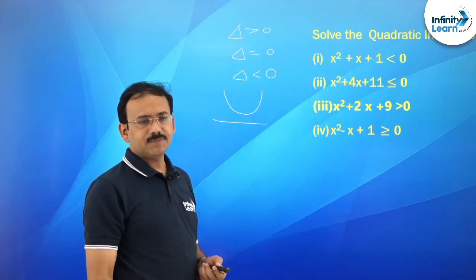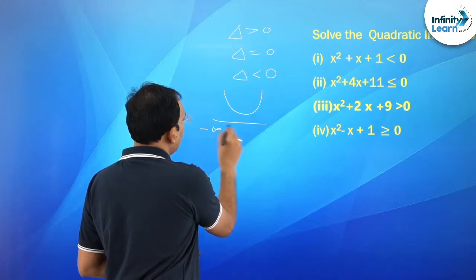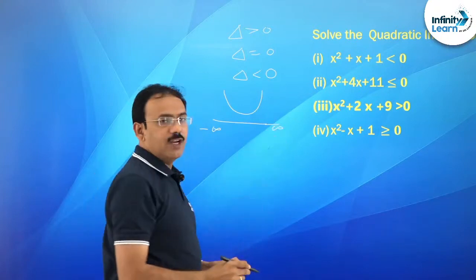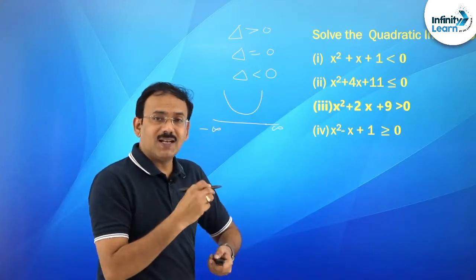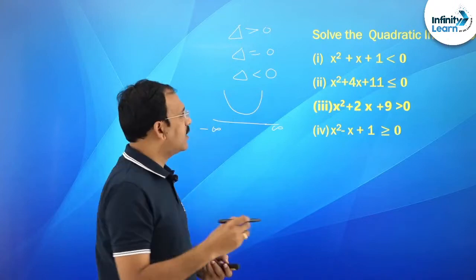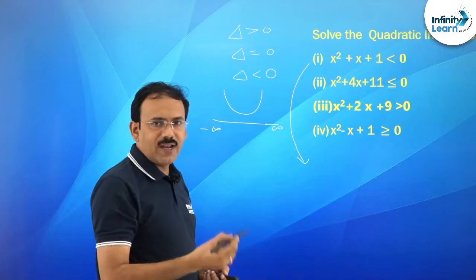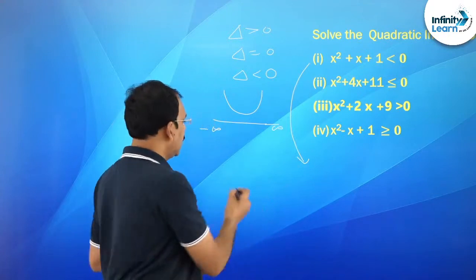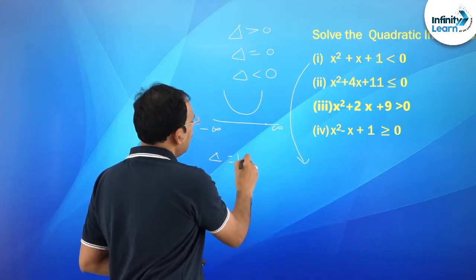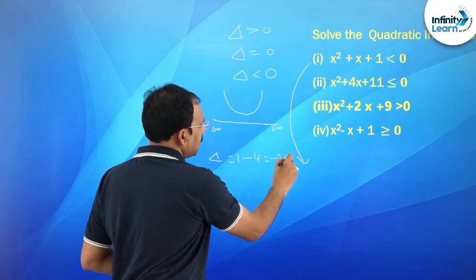That means for any x from minus infinity to infinity, output is strictly greater than 0. So friends, what I suggest is, if you are unable to find the factors for this, you just find delta, b square minus 4ac, which is negative.